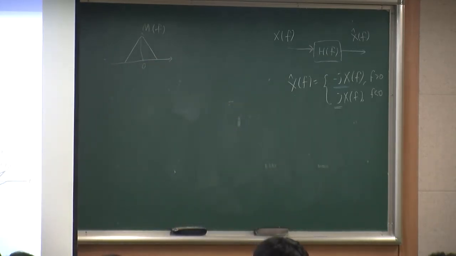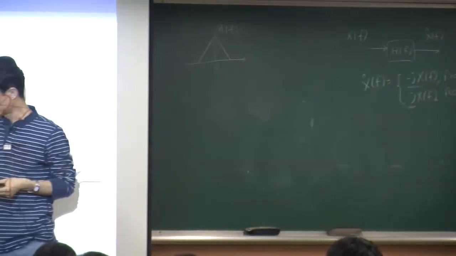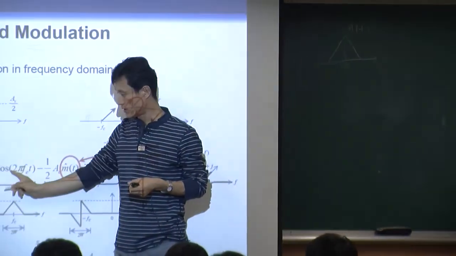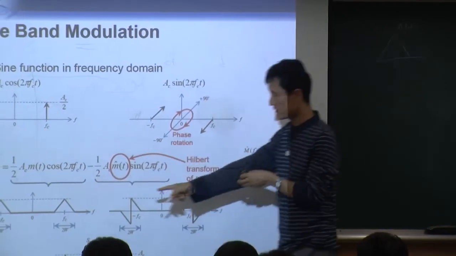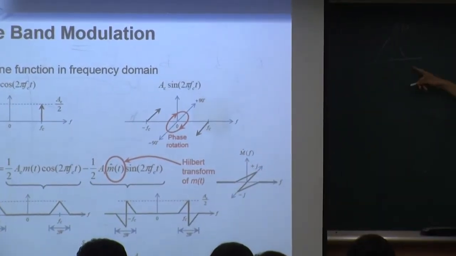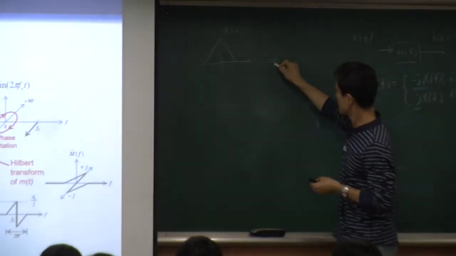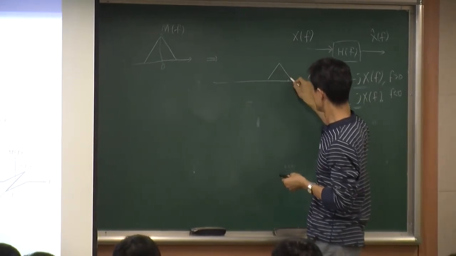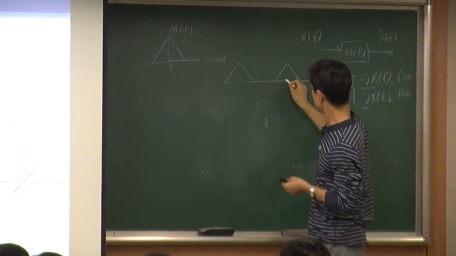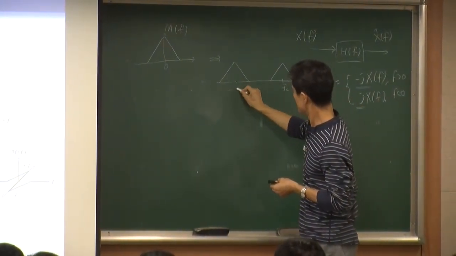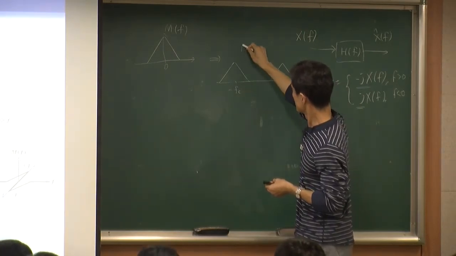Now what you want to do is, with the original message, you want to put the cosine into here. So this is a DSB signal, right? So in the frequency domain, this one now is changed into this, right?